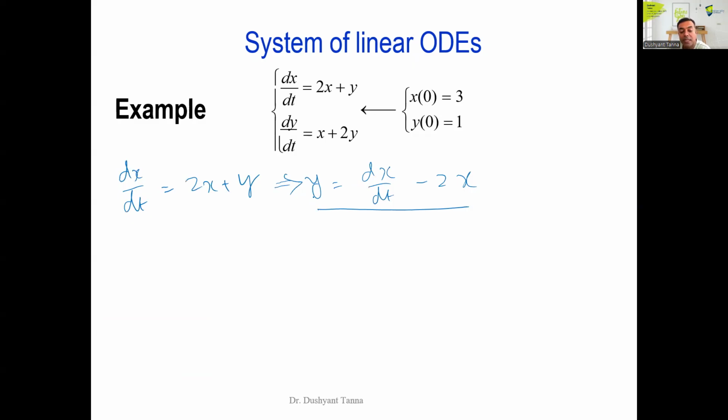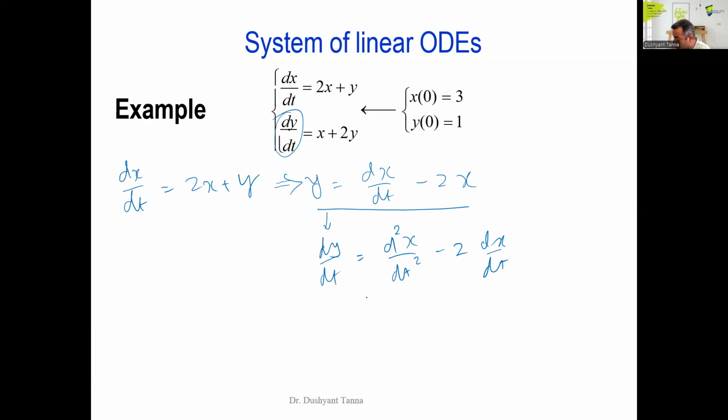If I want to obtain the differentiation of this with respect to t, because I want to replace it up here, what will that look like? So dy by dt, differentiation with respect to t, so this is d2x by dt squared minus 2 dx by dt.